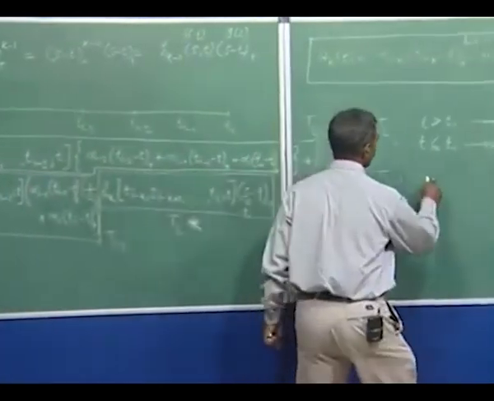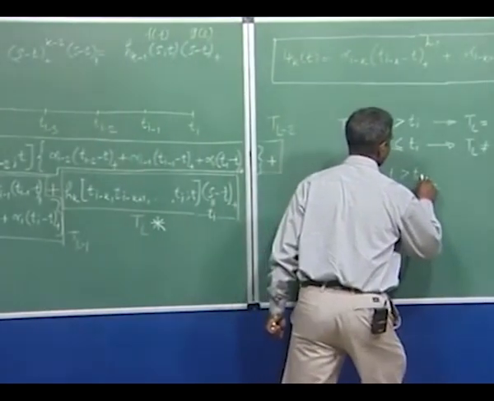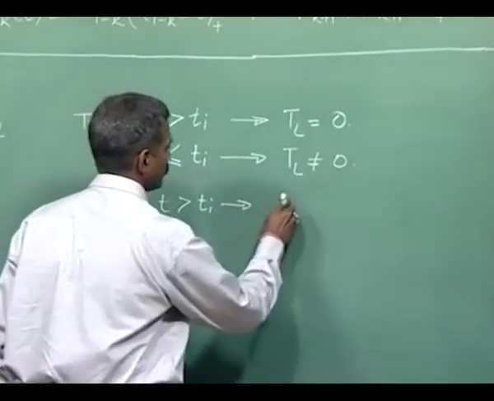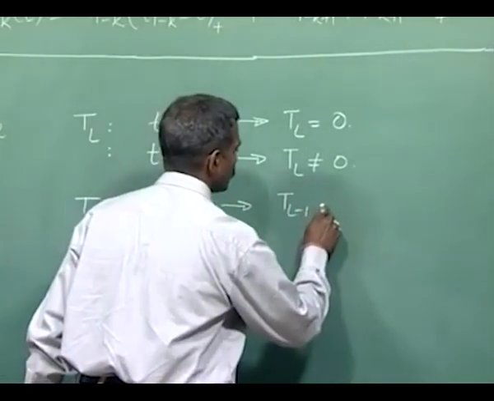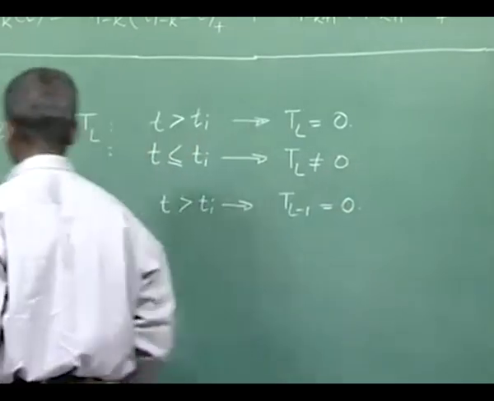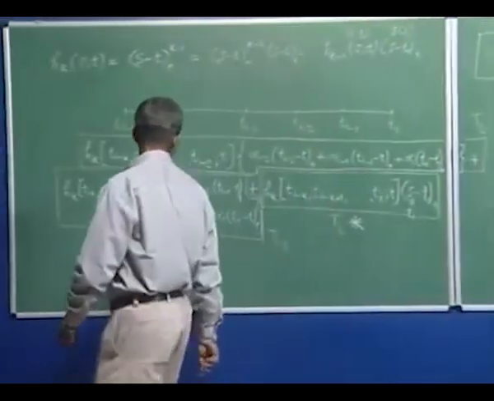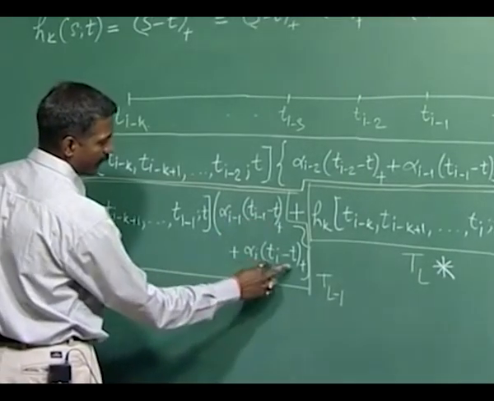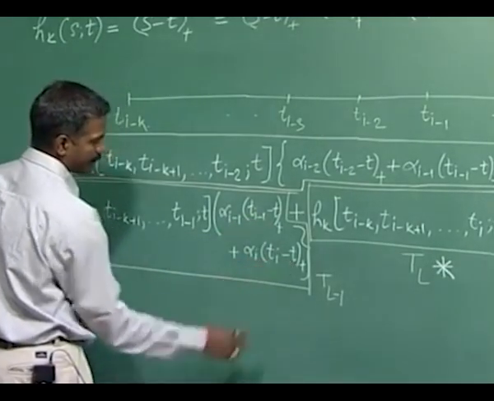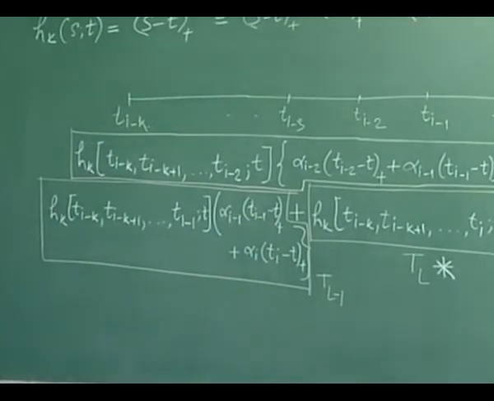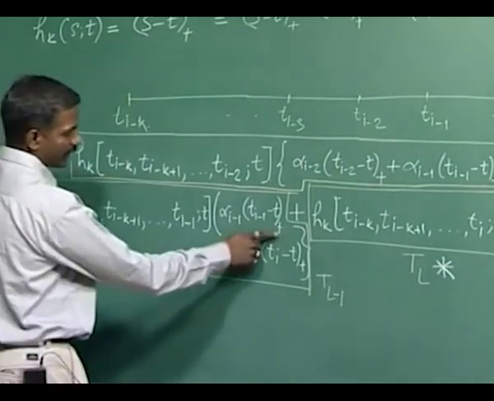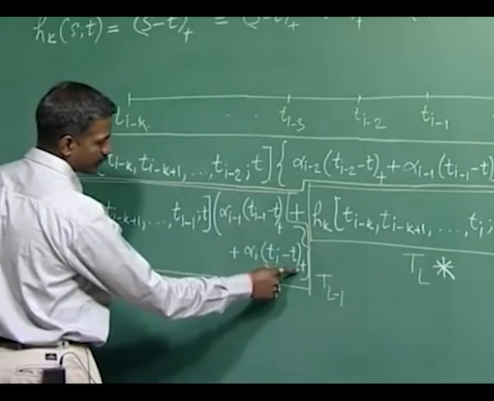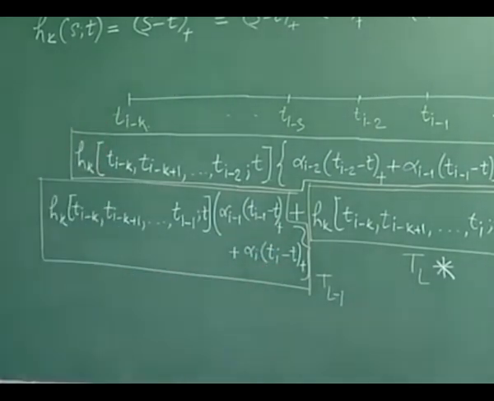Clearly, for t greater than t_i, T_{L-1} is equal to 0. Why? Because this term is negative and this term as well is negative. Because of this truncation sign, this term and this term, they are both 0.